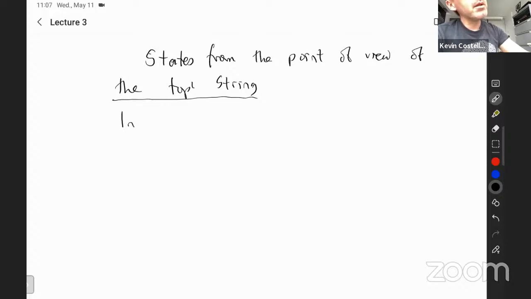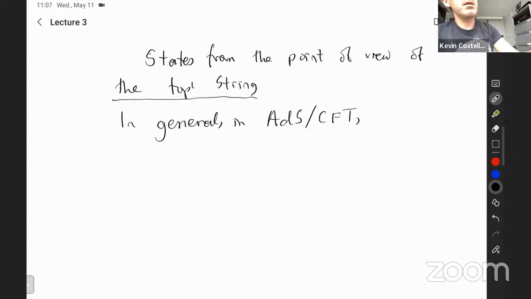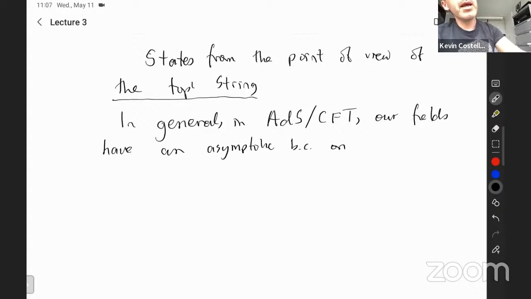So in general, in ADS-CFT, our fields have an asymptotic boundary condition on ADS.